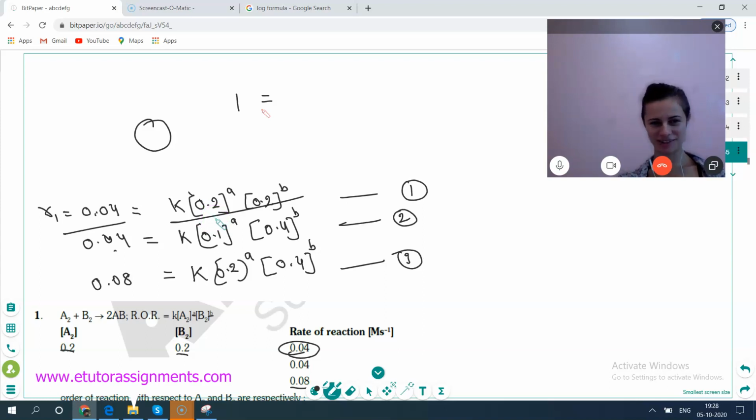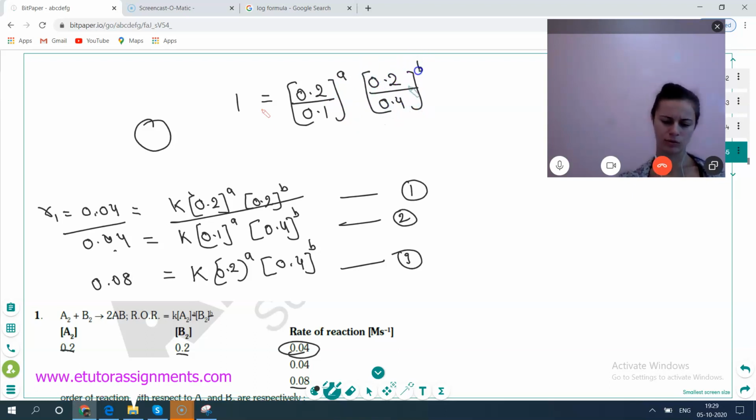Okay, now 0.2 divided by 0.1 power A, multiplied by 0.2 divided by 0.4 power B. Then I can cancel.